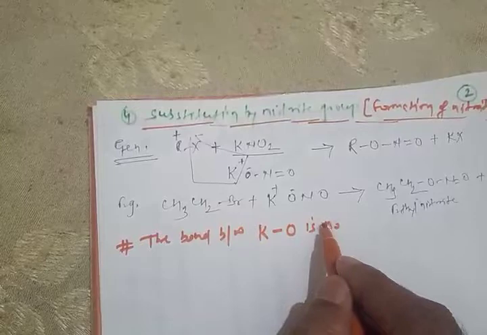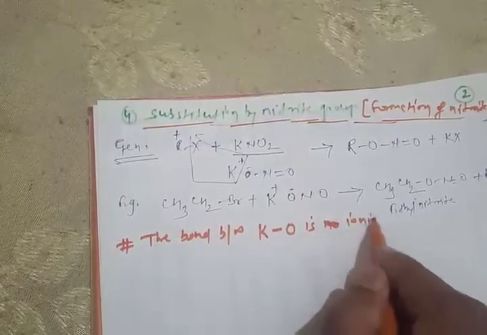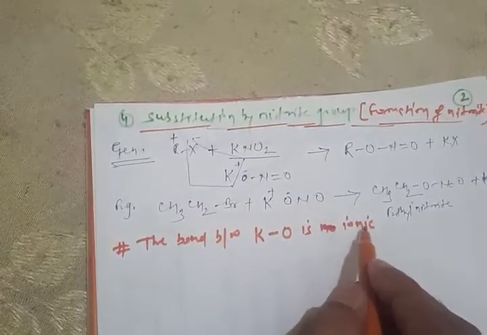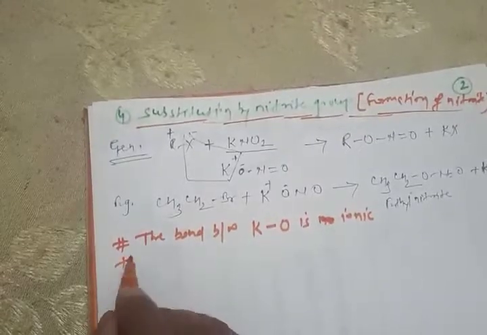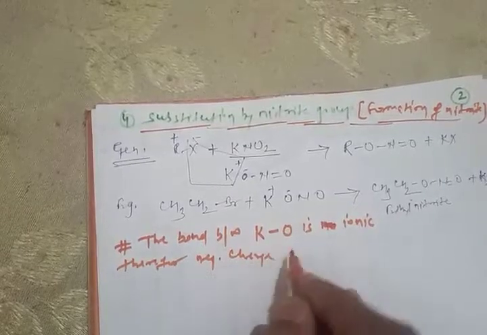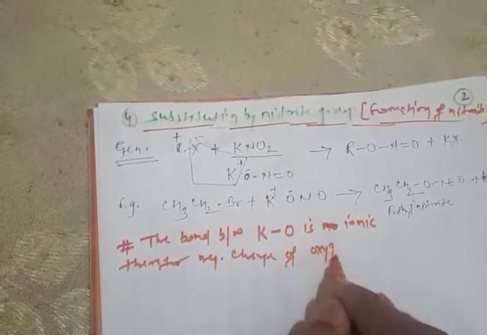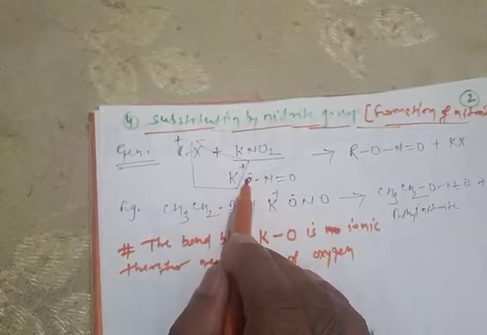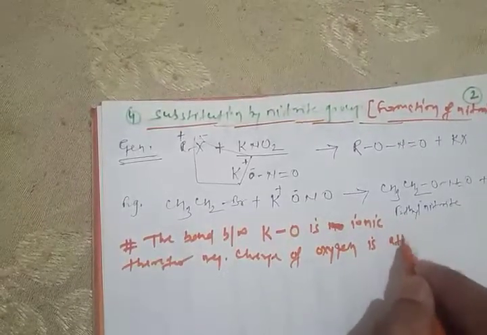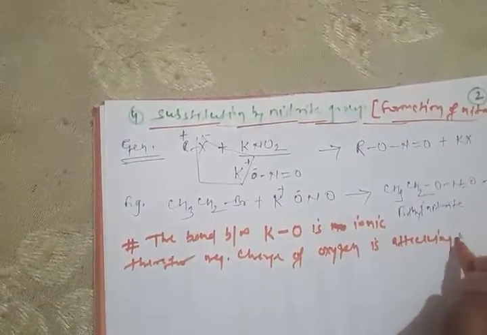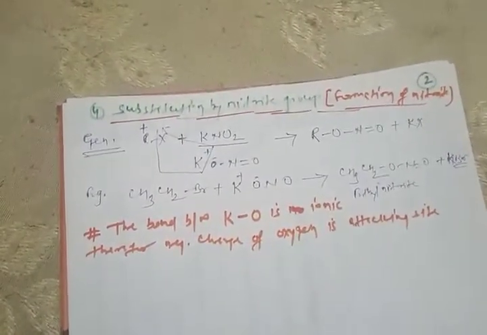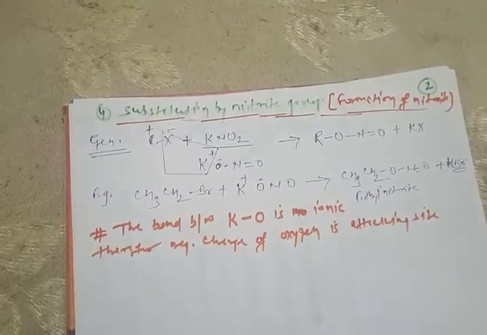Therefore the negative charge on the oxygen atom is an attacking site. The negative charge on this oxygen is the attacking site. So you need to understand this: it is an ionic bond.